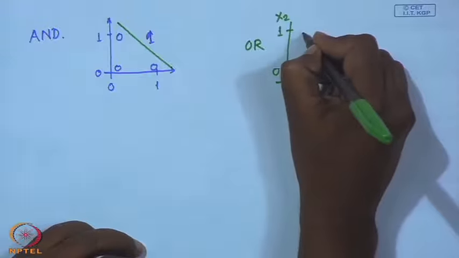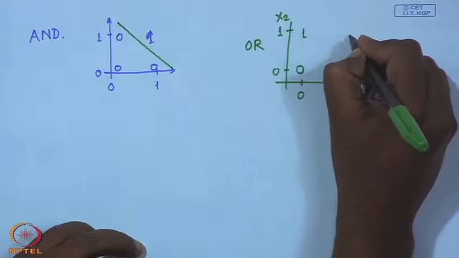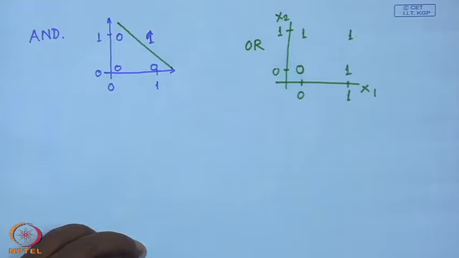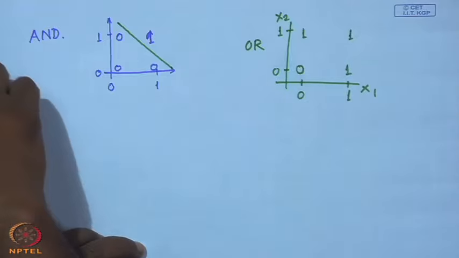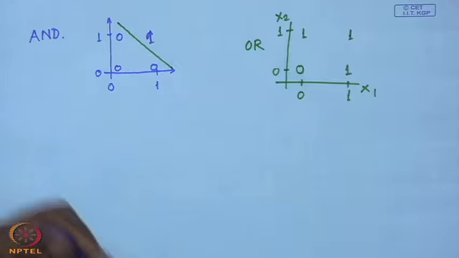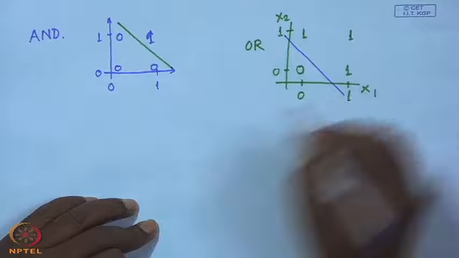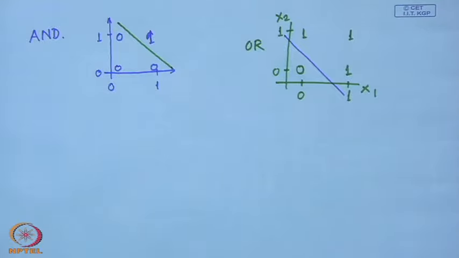In all other cases, the output is 1. And again here I can separate the 1s and the 0 by a straight line, which clearly indicates that this is also a linearly separable problem.